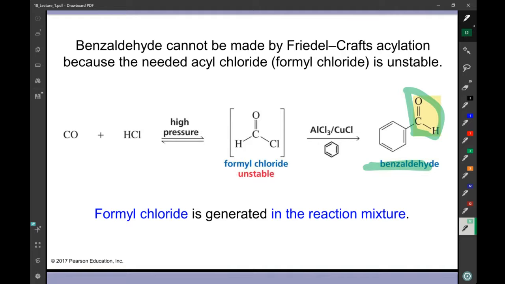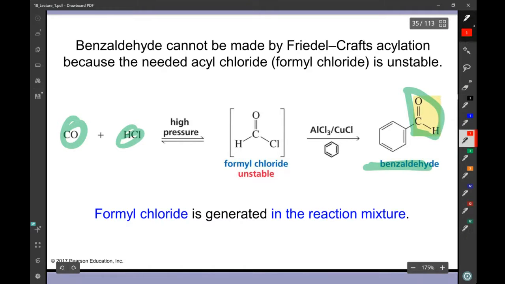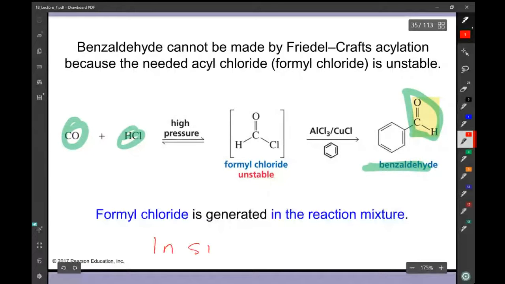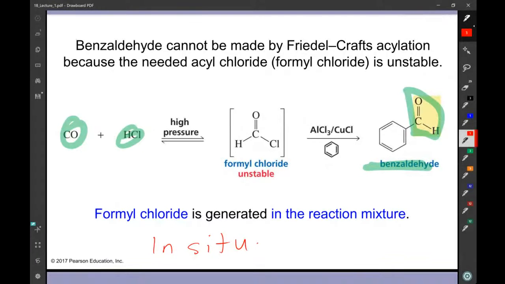So most benzaldehydes are made by the reaction of carbon monoxide and hydrochloric acid under high pressure. Once we form our formyl chloride that's very unstable, we quickly react that with the benzene ring to give us a benzaldehyde. We say it is generated in situ, meaning that it is generated within the reaction.